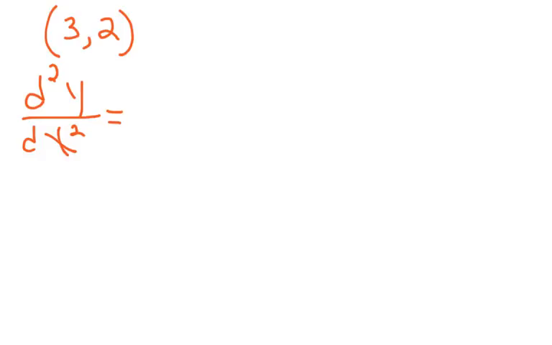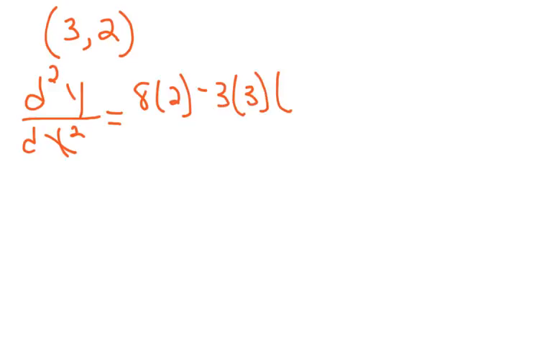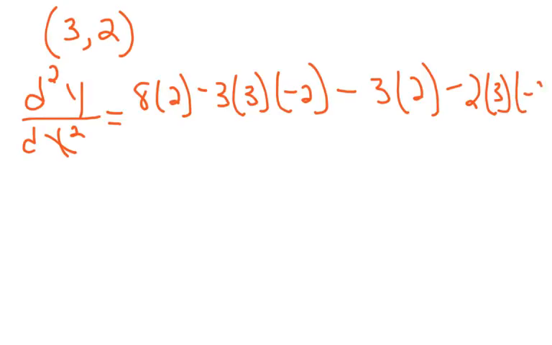Once we plug in this point, we get (8 times 2 minus 3 times 3) multiplied by (3 times negative 2 minus 3), minus (3 times 2 minus 2 times 3) times (8 times negative 2 minus 3).